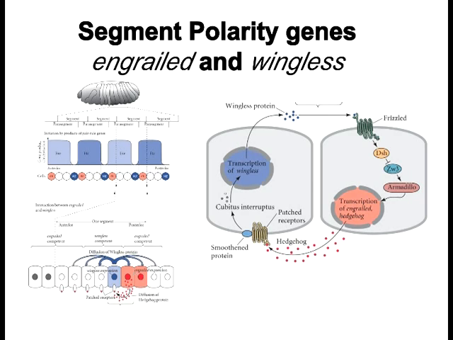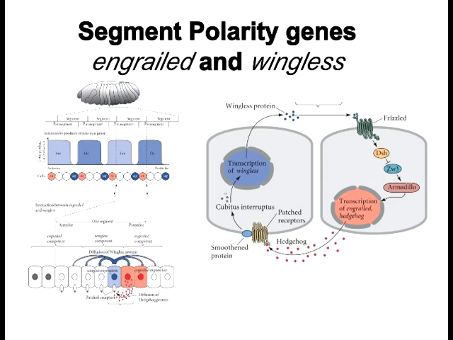So the segment polarity genes that I want to talk about should be very familiar to you. In Drosophila, it's engrailed and wingless, but their homologs are none other than sonic hedgehog and Wnt. These are, as you should know, sonic hedgehog pathway and the Wnt signal transduction pathway that we talked about. Here, we get reciprocal induction.